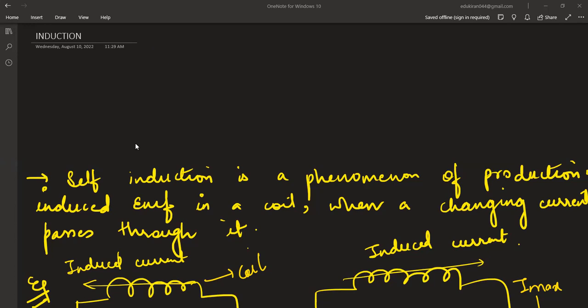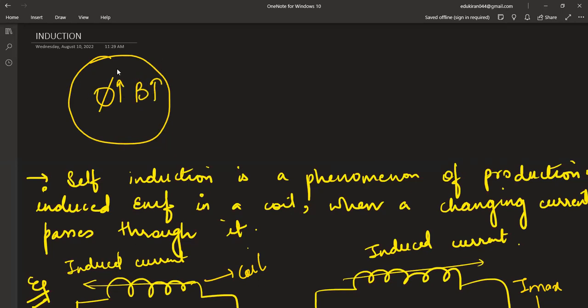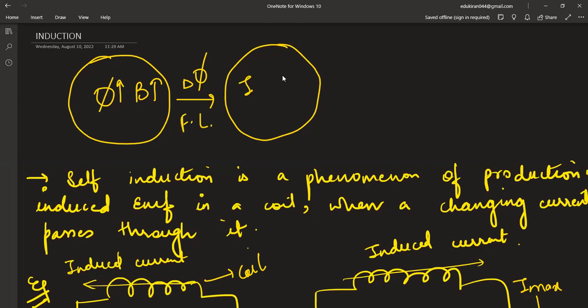Self-induction is, see, this is a coil, and the magnetic flux or magnetic field is increasing, suppose. Because of this increment in the magnetic field, whenever there's a change in magnetic flux, according to Faraday's laws, we have studied that there will be an induced current or induced EMF in the circuit.